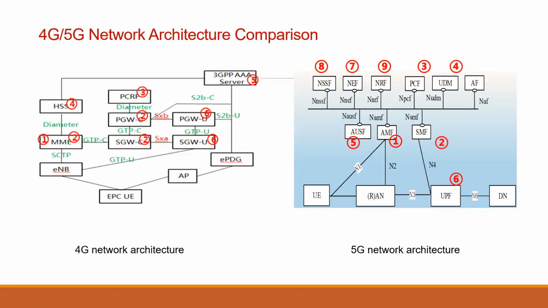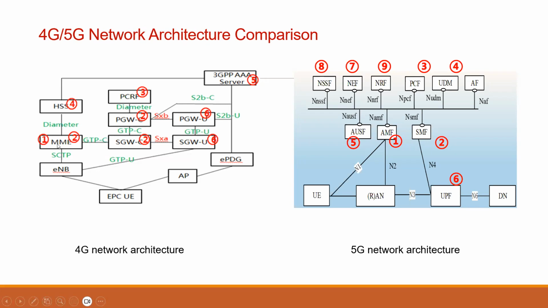Okay, so a little bit of comparison of 4G and 5G network architecture. I have highlighted the numbering, which will indicate which functionality is done by which network element. So if you can see in 4G architecture, the MME used to perform function 1 and function 2, but the same function 2 used to be performed by PGWC and SGWC, which we used to call CUPS.